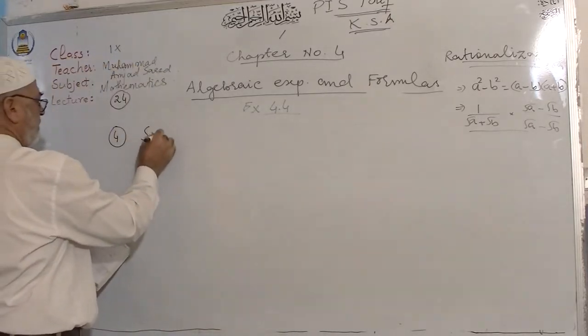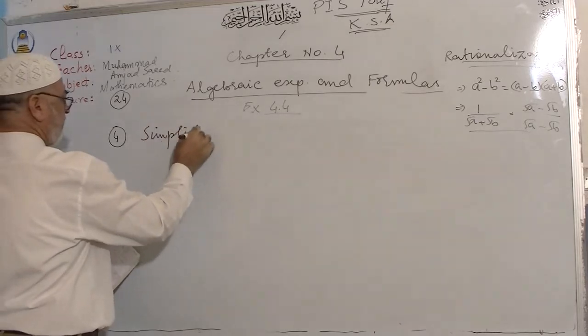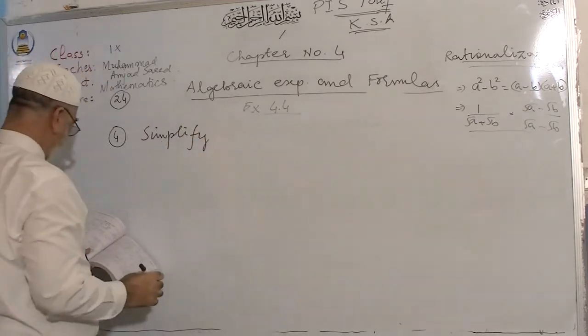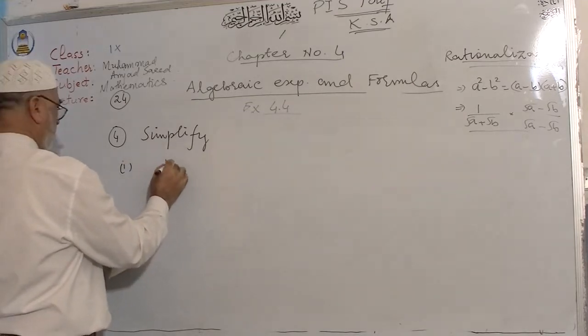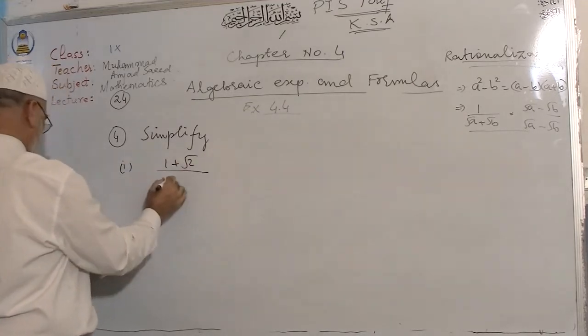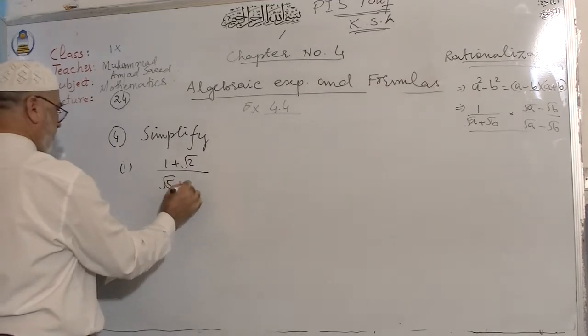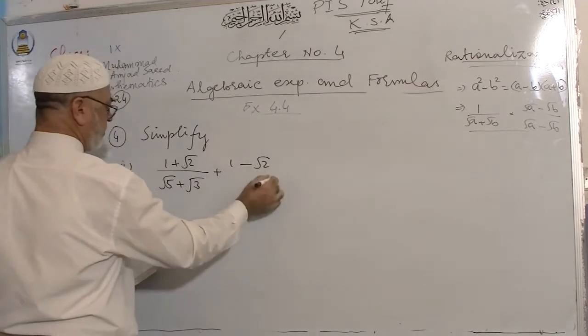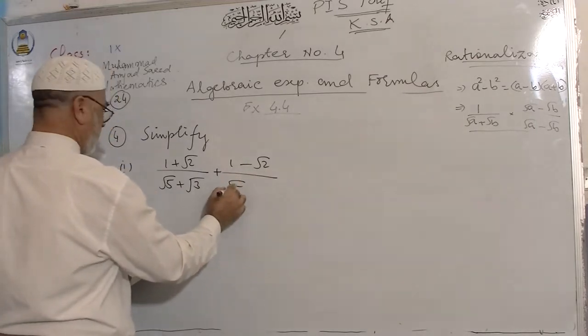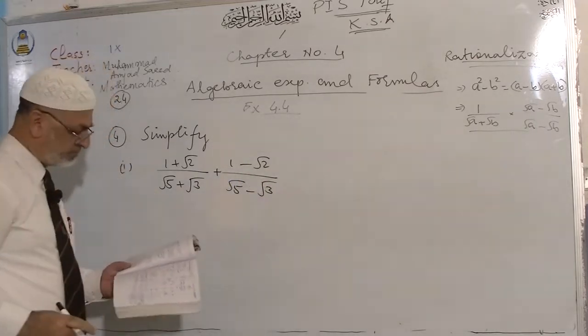Question number 4. Simplify. Point number 1 is 1 plus 2 under root over 5 under root plus 3 under root. Then 1 minus 2 under root over 5 under root minus 3 under root.